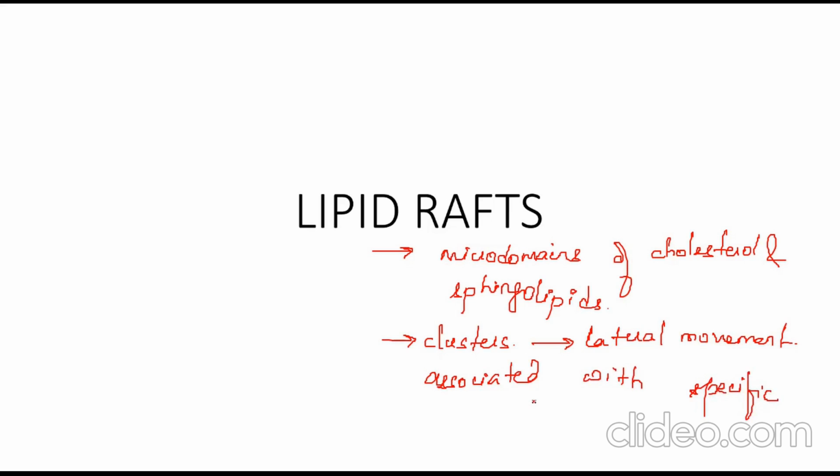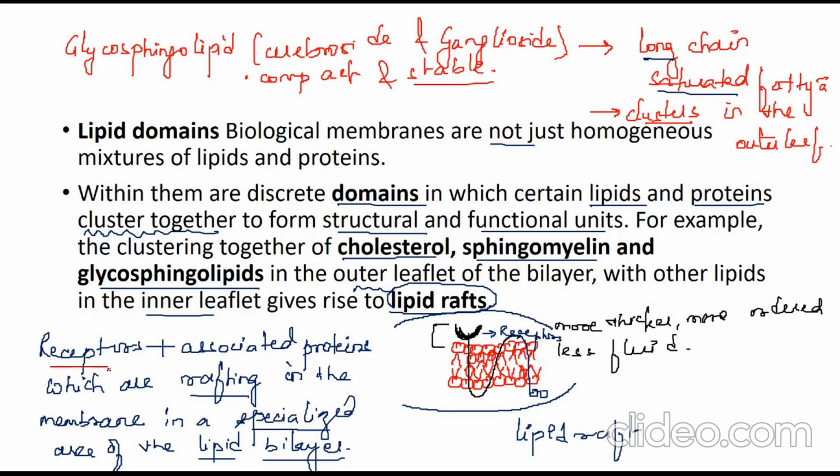They are clustered in a specific region of the plasma membrane. Clear? So here we discussed some receptors and their associated proteins which are rafting on the membrane in the specialized area of the membrane known as lipid raft, and they are the clusters.